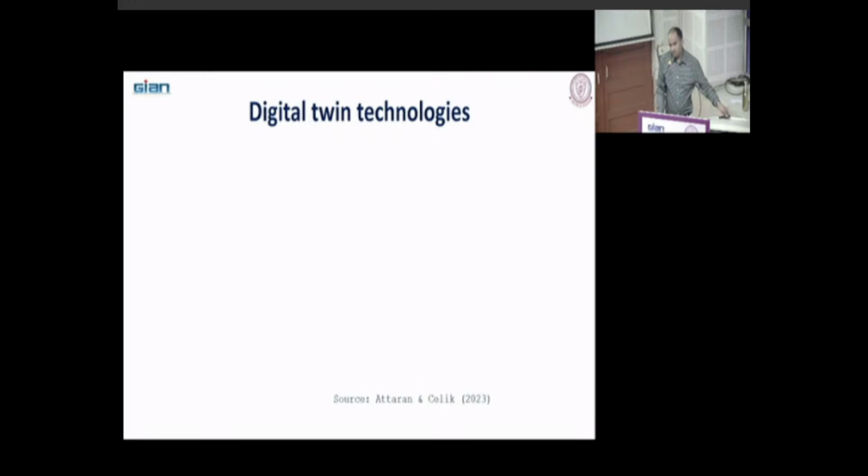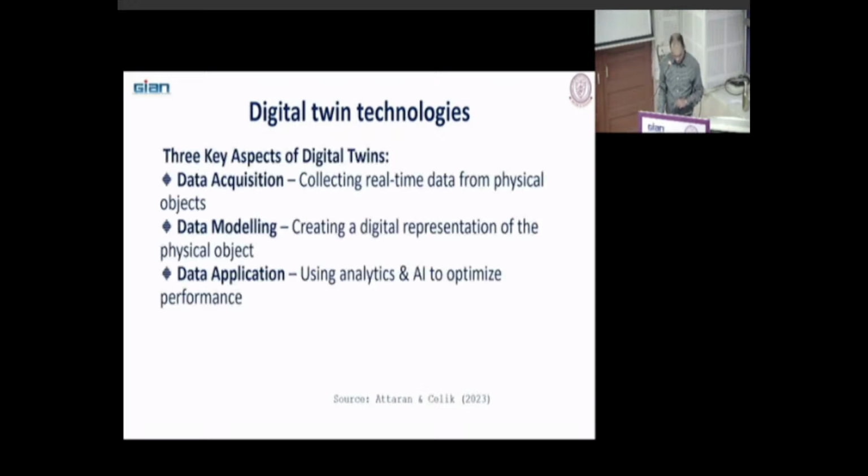So, digital twin technologies. Okay, we have been talking about the digital twin. So now, what are the important technologies in the digital twin? There are 3 key aspects of digital twins. First one is data acquisition: collect the real-time data from the physical world, from physical objects and physical systems. Then data modeling. Once you get the data, you analyze it, you find out what happened, what the demand and orders were, and so on.